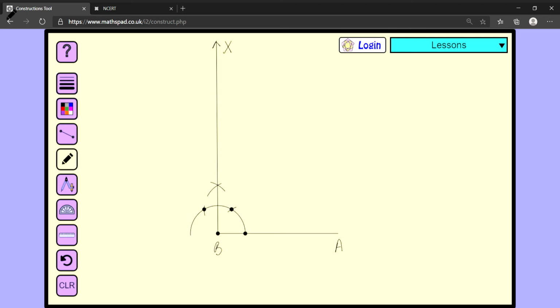Let's name this as ABX. Angle ABX is 90 degrees. The base is 6 centimeters.